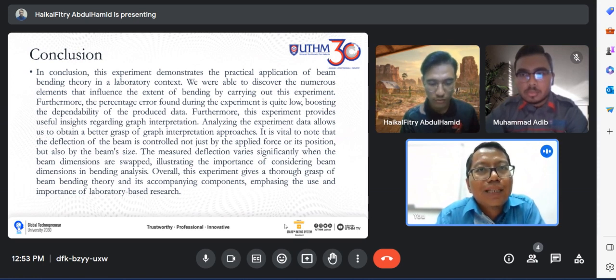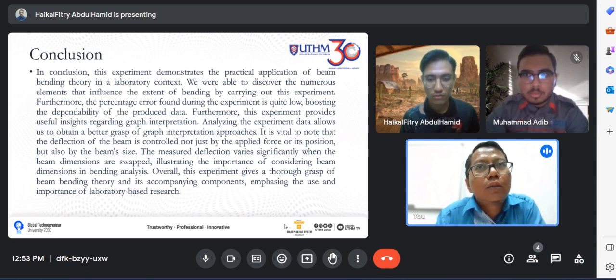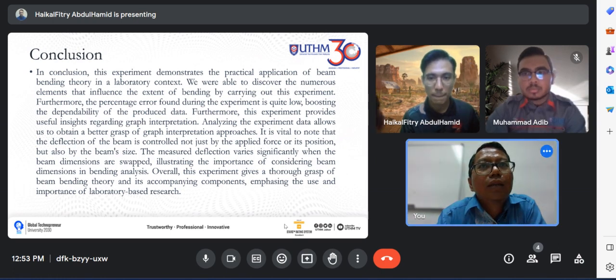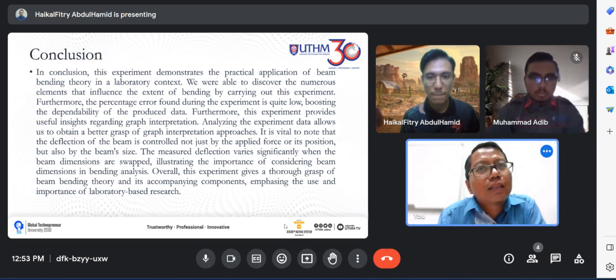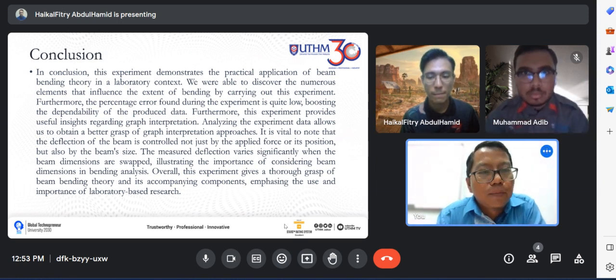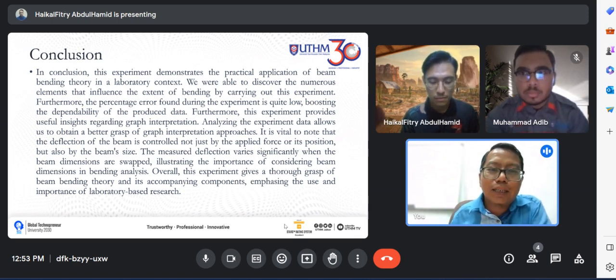How to design your experimental setup, how to design the parameter that you want to study, what parameter to be fixed, what parameter to be adjusted or variable. So this is why I'm asking you, not just for fun.